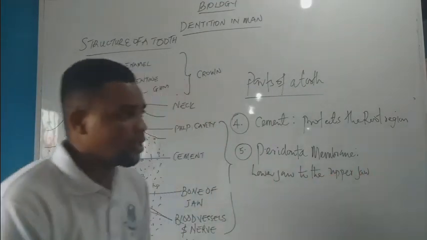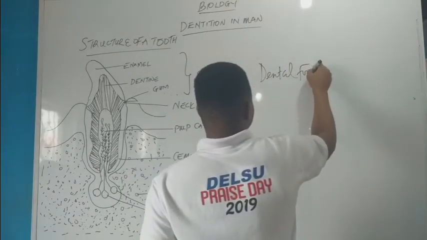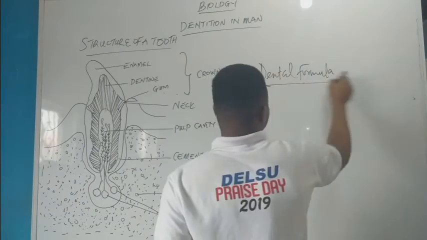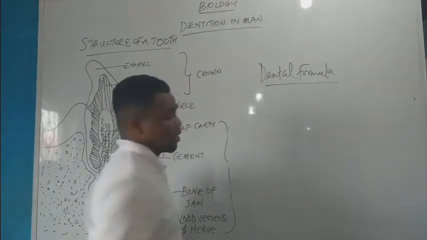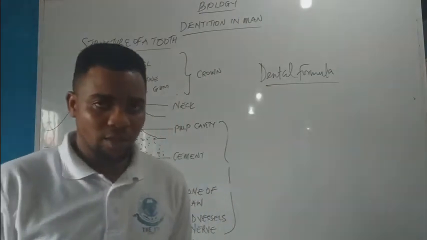Now, let's go straight to the dental formula. The dental formula tells us the amount of teeth modified and found in the living being.